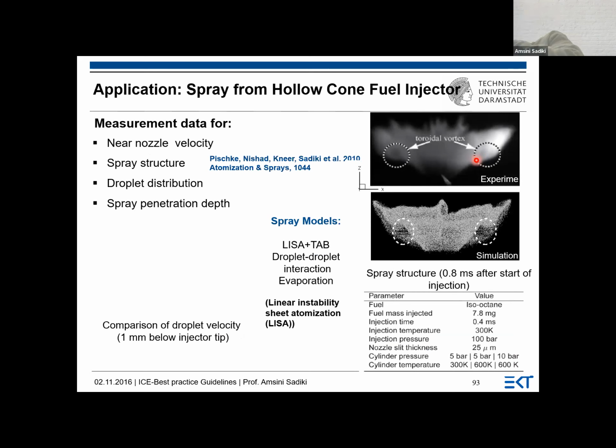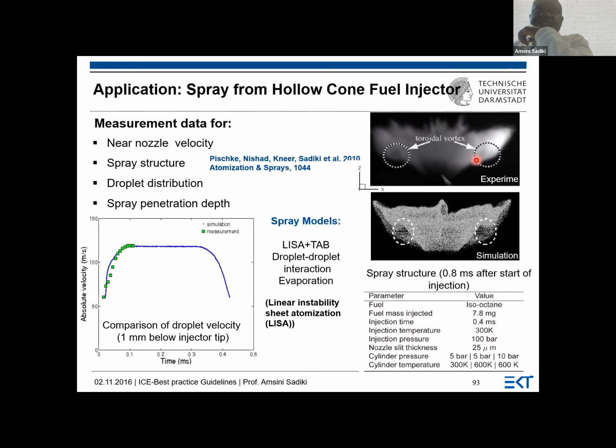By comparing with experimental data, we first obtain the velocity of the droplets below the injector tip, and after that we could produce the morphology of the spray from the simulation and compare with the experiment.